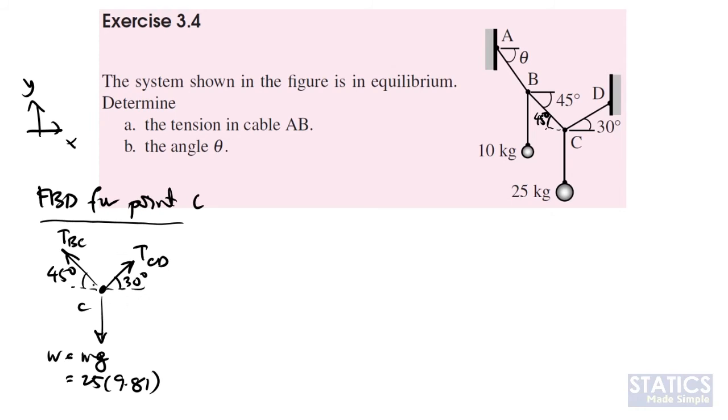Previously, when finding the resultant, we needed three forces to use this approach. In this case, it's the same: we have three forces, TBC, TCD, and weight. And when we have an equilibrium condition, that means the vectors will form a closed loop.